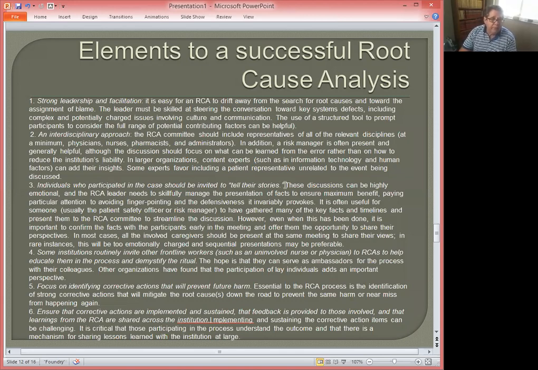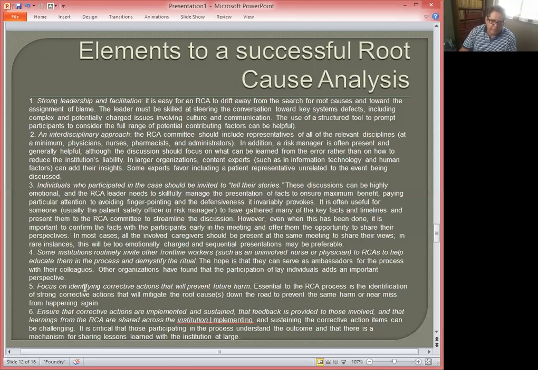In other words, transparency from all within. Some institutions will also invite other frontline workers, those who were uninvolved, to assist in getting to the root cause, and then educate those who were involved in how to avoid what was the cause of injury.